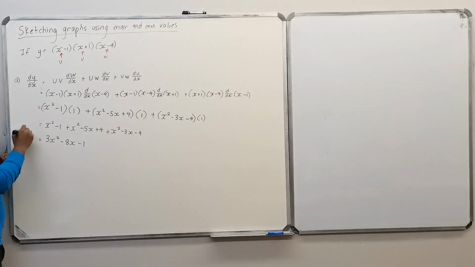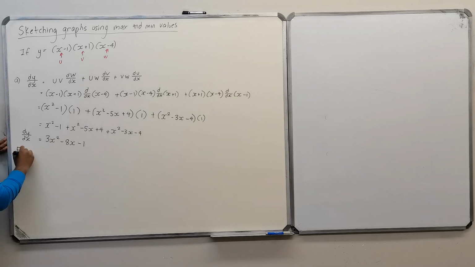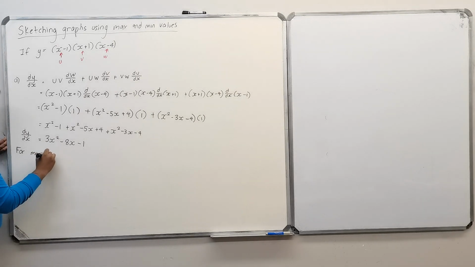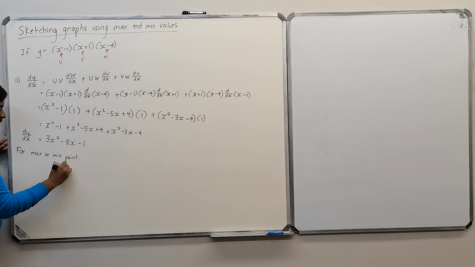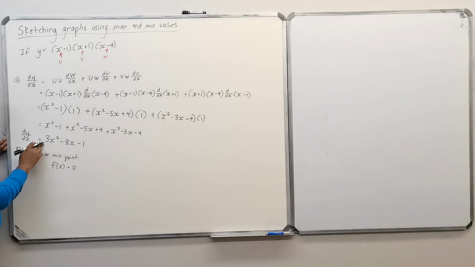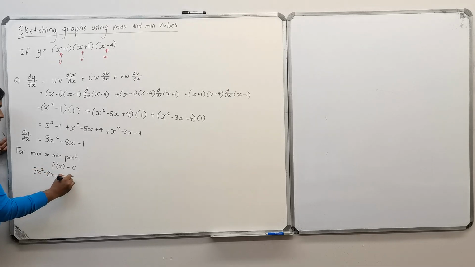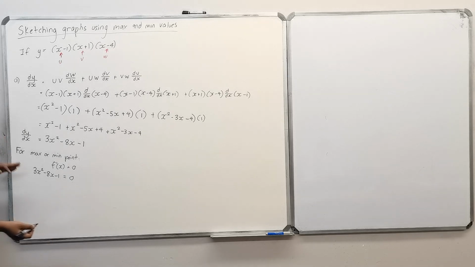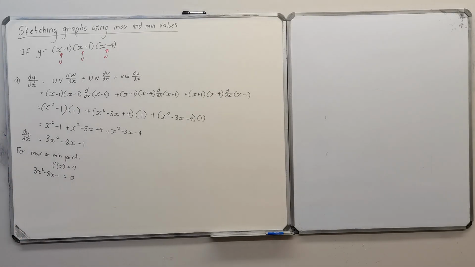So this here is dy over dx. Remember, for your max or minimum point, your first derivative must be equal to 0. This is our first derivative, right? So it's 3x squared minus 8x minus 1 equal to 0. Now if you factorize this, or use your quadratic formula, what do you end up with?